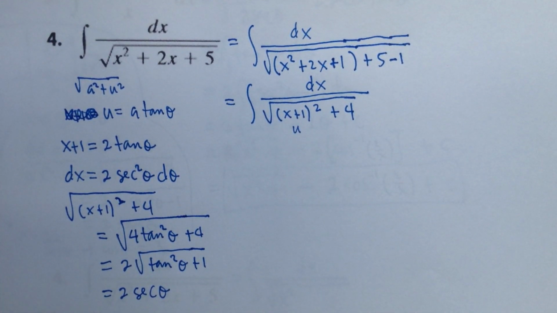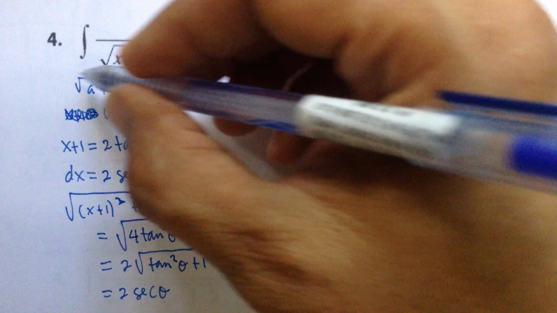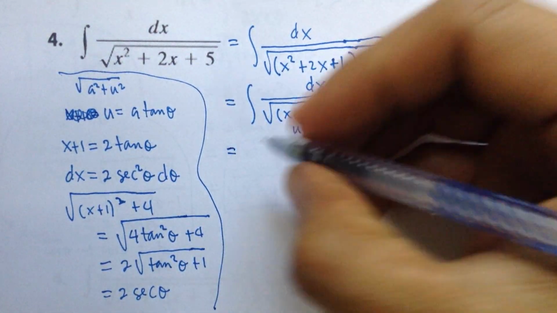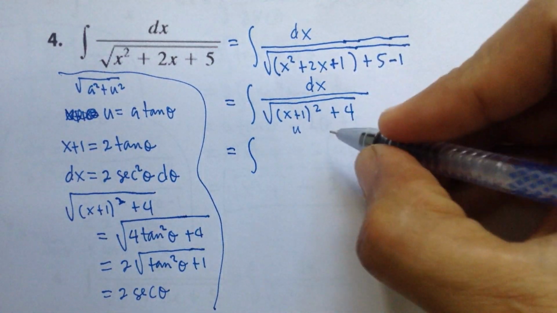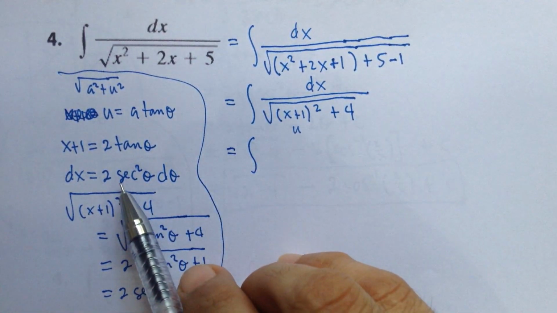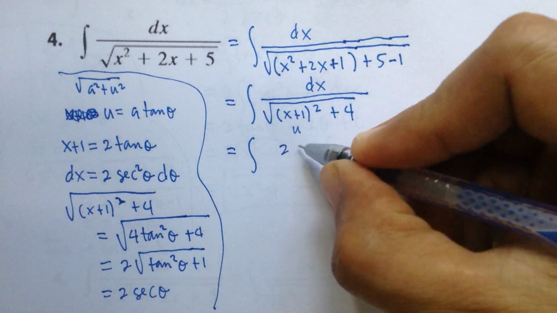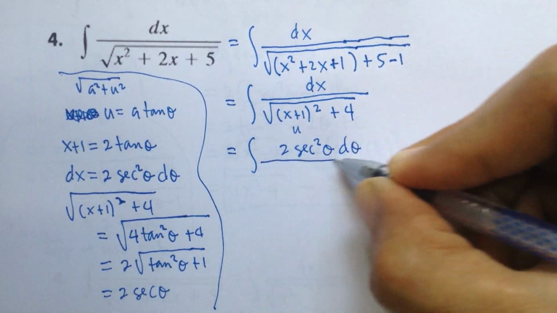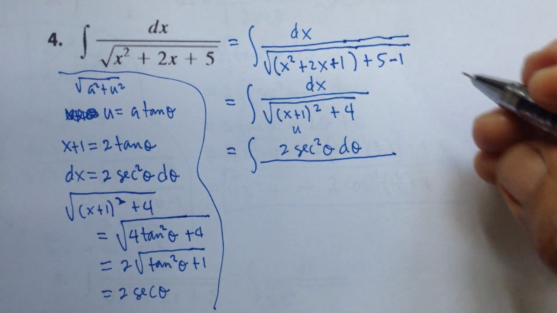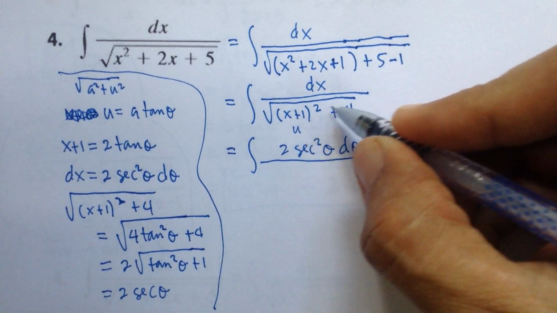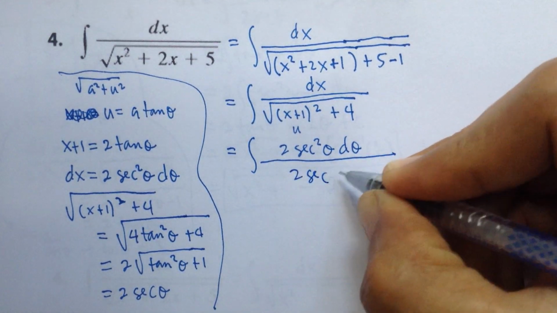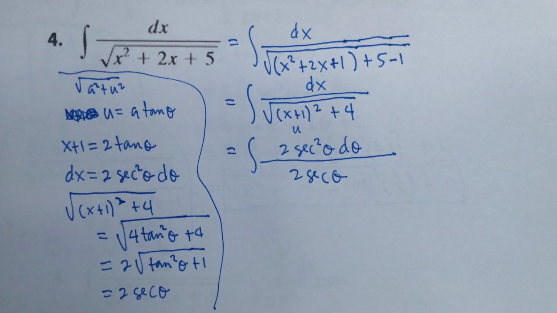So let's now continue. This is the integral of dx, which is 2 secant squared theta d theta, over square root of x plus 1 squared plus 4, which is 2 secant theta.